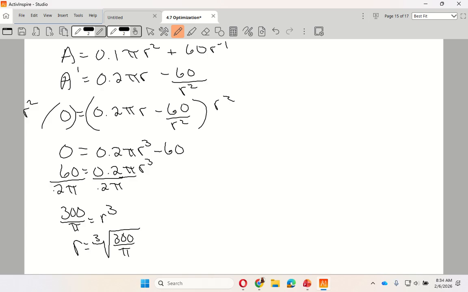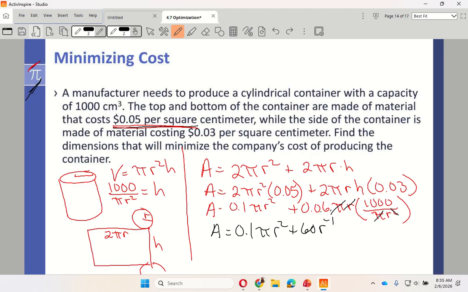Does it matter if we plug it into the surface area? Not really, but we're gonna plug them in anyway. Going back to find my h, I'm gonna plug in right here to make life easier. So that would be 1,000 over pi r squared. This is gonna be ugly, so I'm gonna plug it in the calculator.